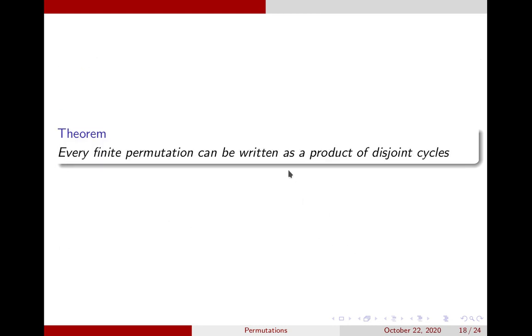And now the theorem, which I mentioned at the very beginning of the video. Every finite permutation can be written as a product of disjoint cycles. This is also true for infinite permutations, but we won't be looking at infinite permutations, so the theorem here is just stated for finite ones.